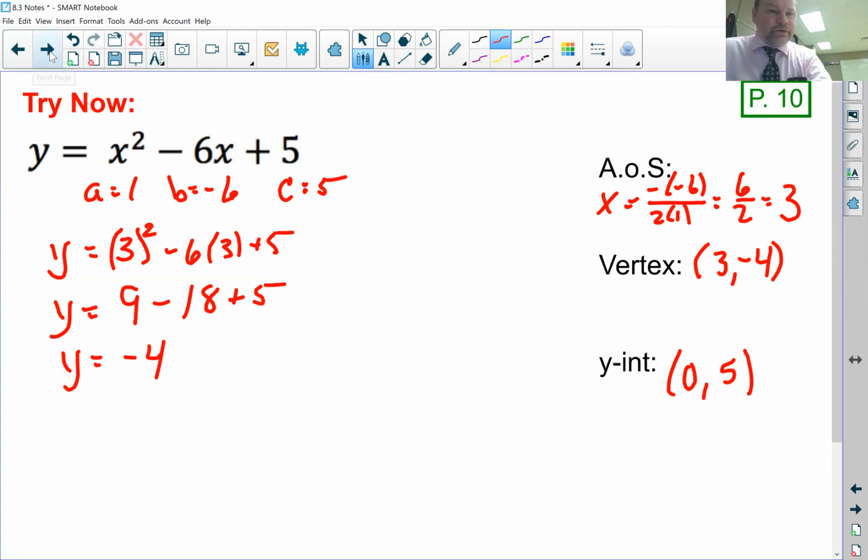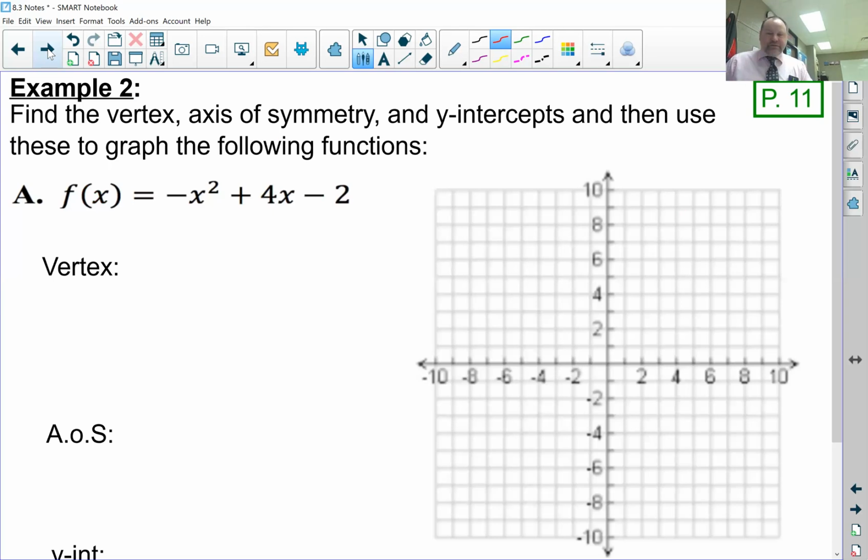So now all we're going to do, we're going to add the graphing component. So now we want to find the vertex, the axis of symmetry, the y-intercept, and then use those to graph the following function. Now, generally when we graph, we want at least 2 points on each side of the axis of symmetry, which in the 8-2 homework, some of you did very well with.